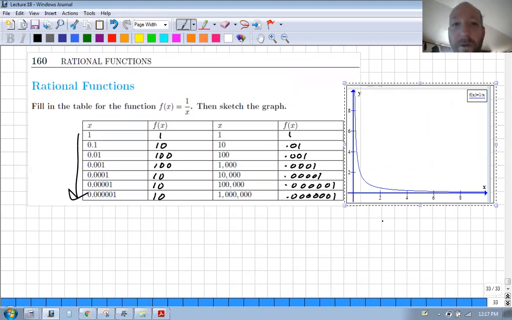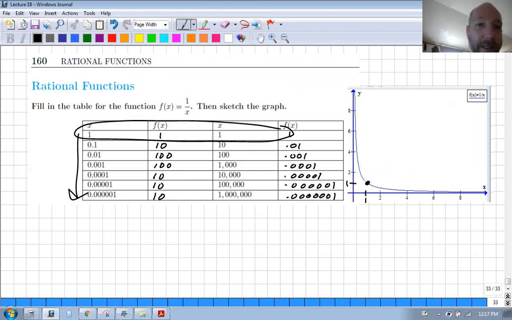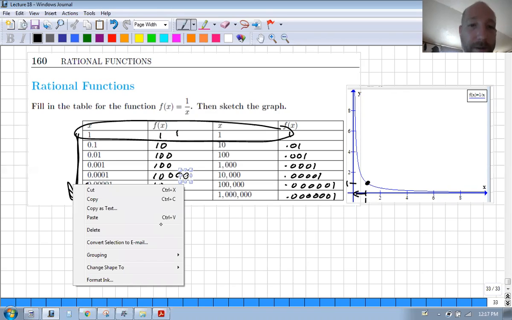So in the chart, we're only looking at the quadrant 1. So 1, 1. That's where we started out. So as we plug in x closer to 0 as we move this way, I lost all my zeros here.